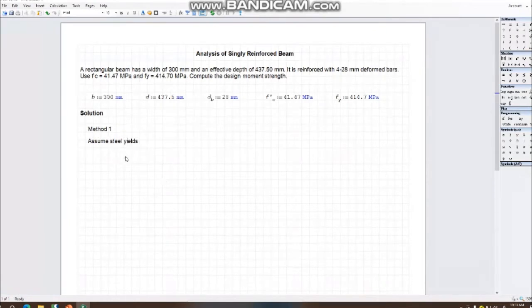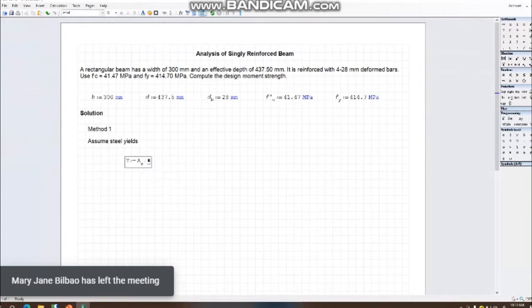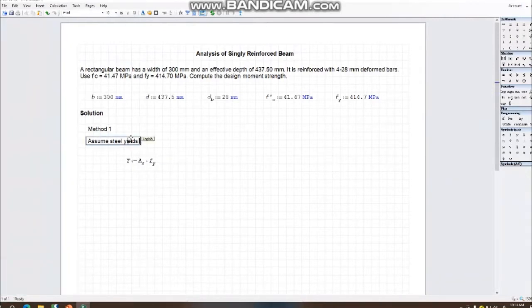The formula is T equals As times Fy. So step 1, we assume that steel yields.